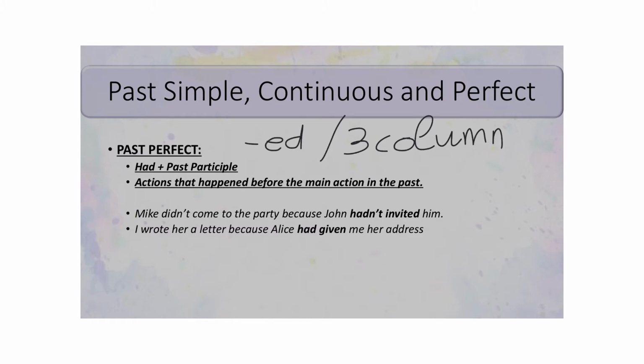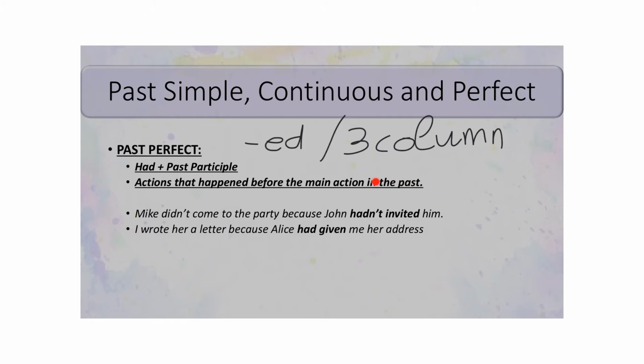So, here we will use past perfect for actions that happened before the main action in the past. What does this mean? For example, take the first sentence as an example. Mike didn't come to the party because John hadn't invited him. So, what happened before?